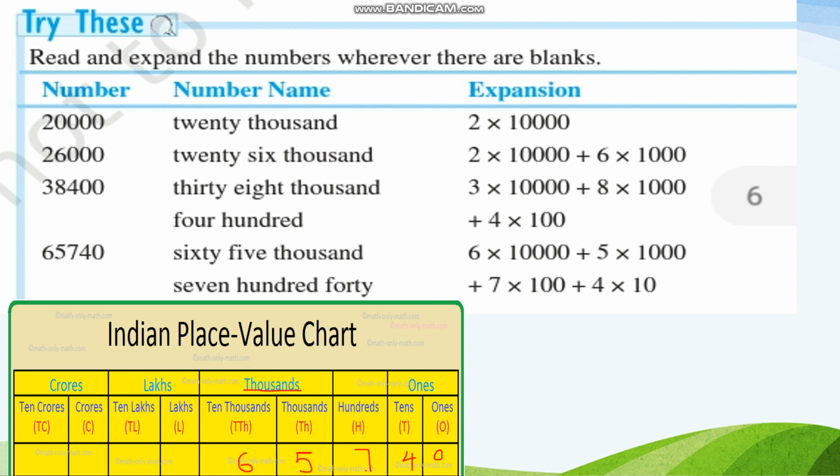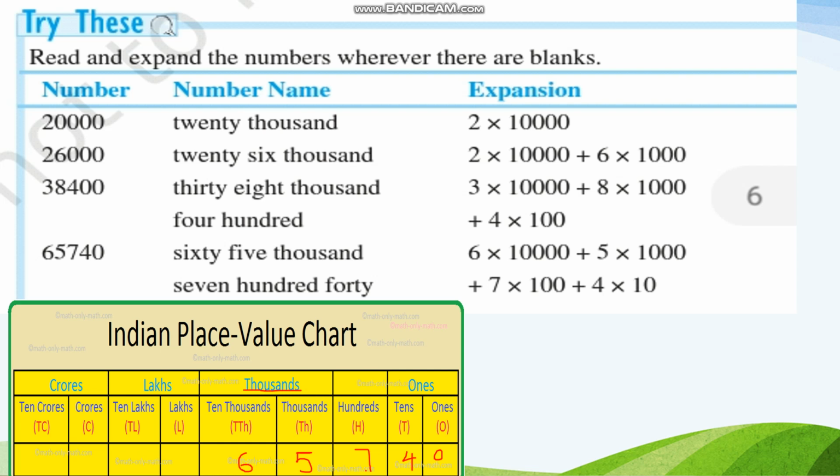Okay. And how to expand? 6 into 10,000 plus 5 into 1000 plus 7 into 100 plus 4 into 10. Okay. So this is the way to expand this number also. Okay, children. Is it clear?